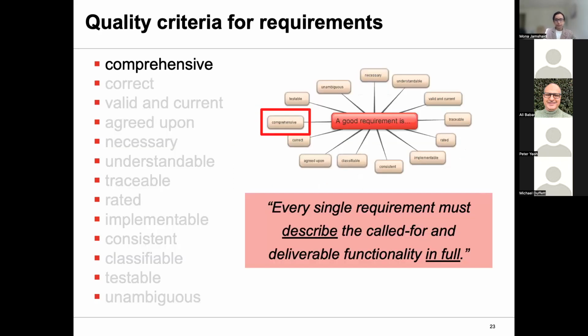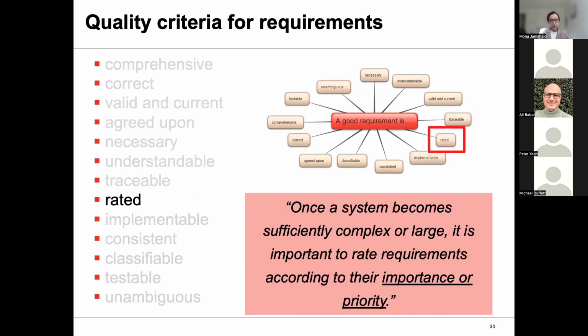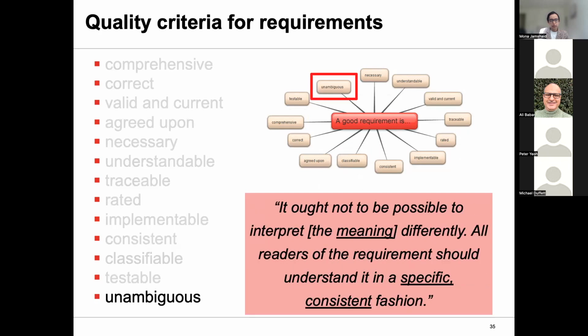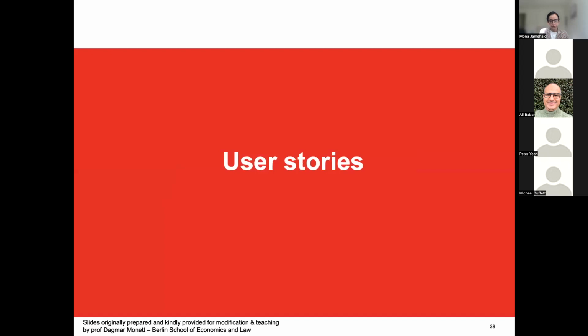So I'm going to move on. Where we ended last week was the user stories. And user stories, if you were present in the workshop session last Tuesday, was something that we discussed in detail as well.